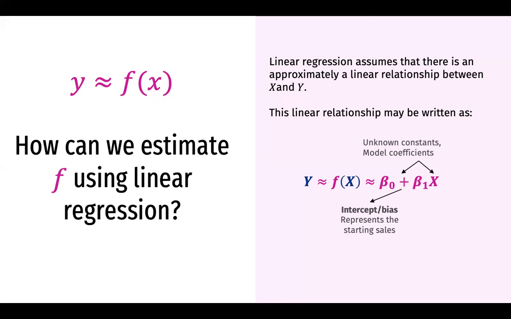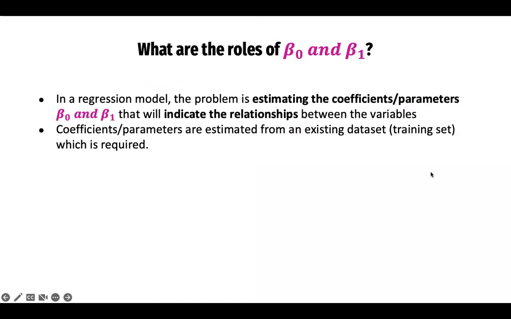Essentially, in the concept of the advertising, it is the starting sales or the starting value. Beta 1, on the other hand, is the weight or the slope that is associated with a certain feature. In the case of the advertising again, this beta 1 is the weight that is associated with the predictor TV.